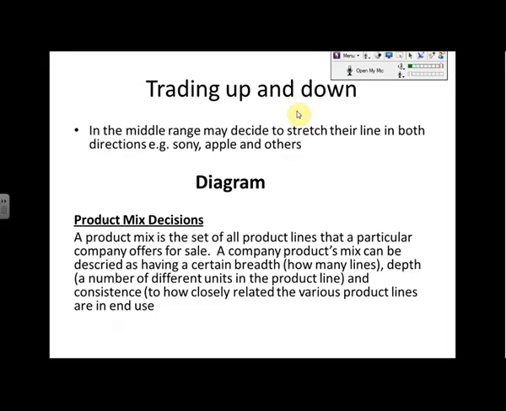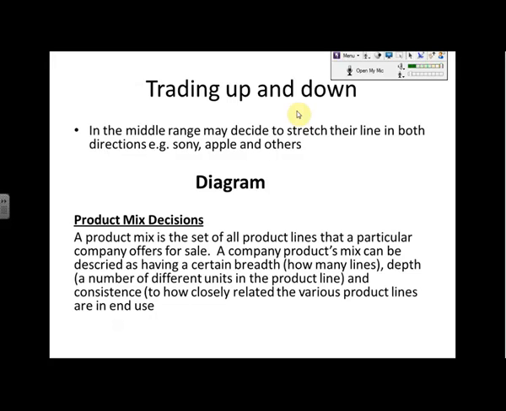That's the depth. And then lastly, you also look at consistency, where you are saying how closely related are the various product lines that are in use in that organization. How related are they, the product lines?